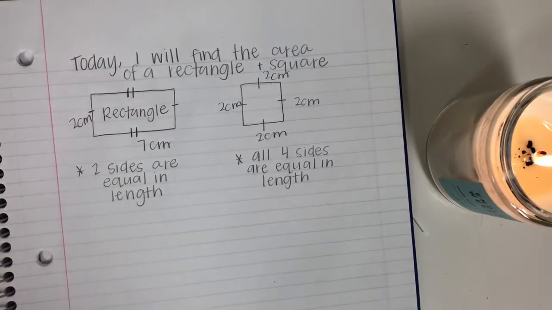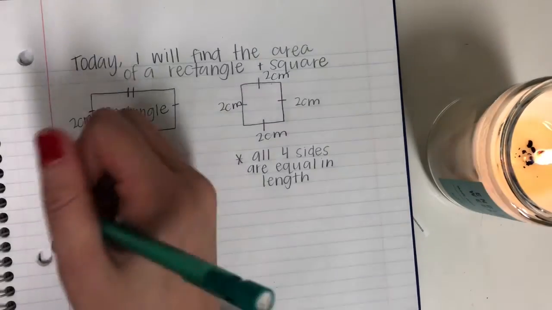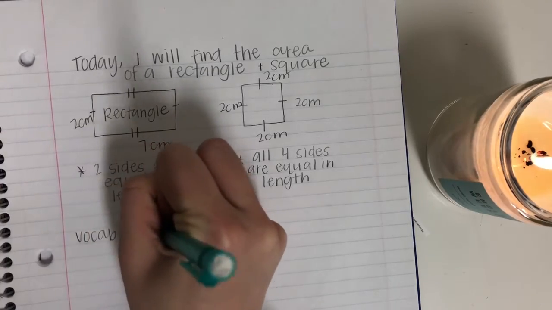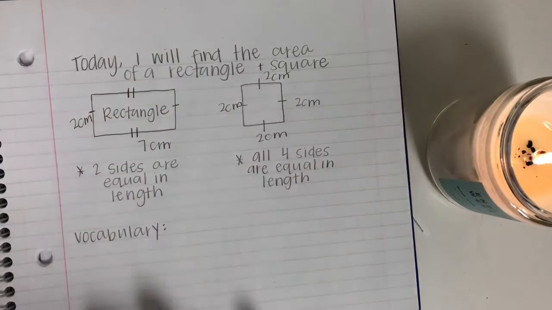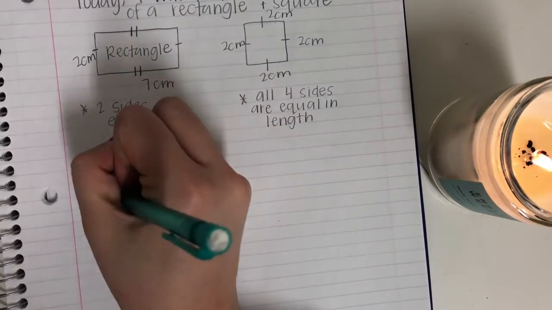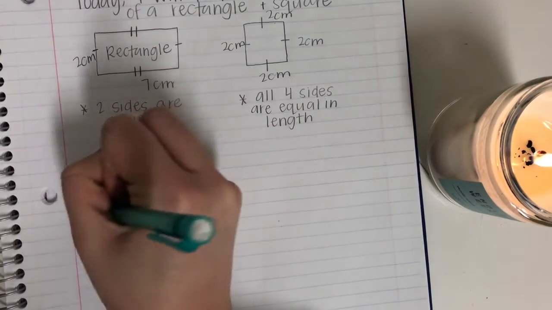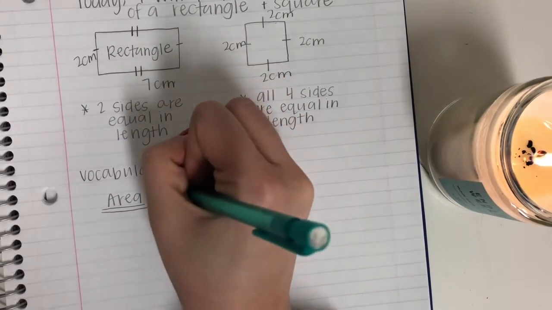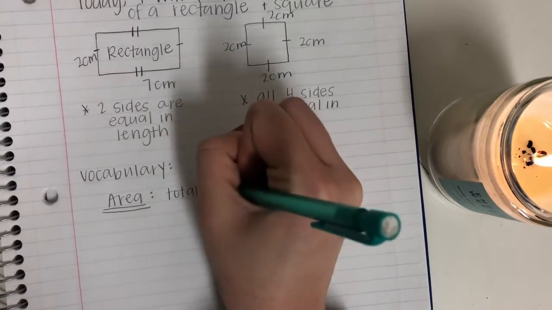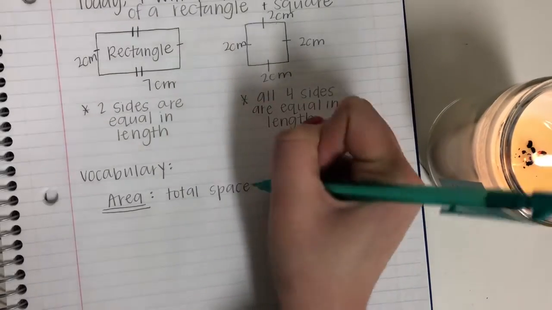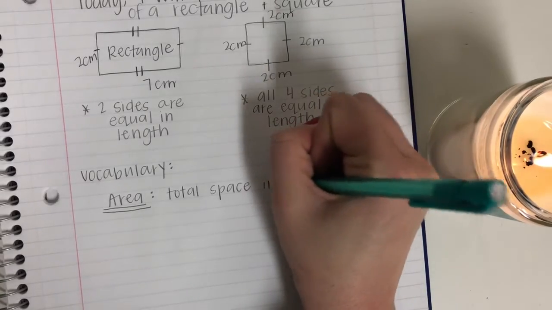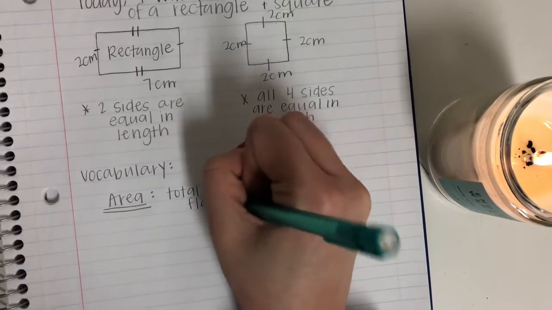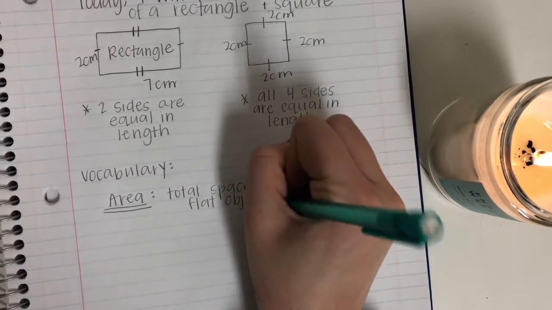Okay, so now that we've defined what a rectangle is and what a square is, now we're going to dive into some vocab with dealing with area. So let's write vocabulary. Okay, first off, let's define what area is. So area is the total space inside a flat object.